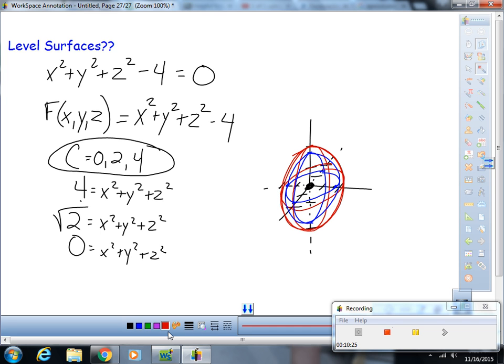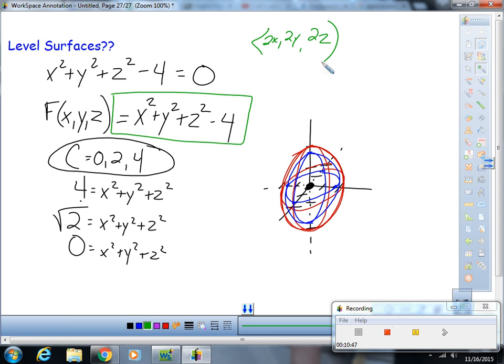Why am I just now deciding to teach you about this, you might ask? Well, because now what I need you to understand is that if I found the gradient of this function, okay, well, what would that be? It would be 2x, comma, 2y, comma, 2z at any point on the surface.